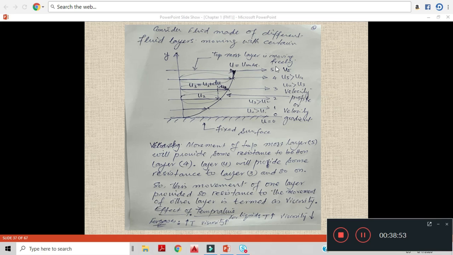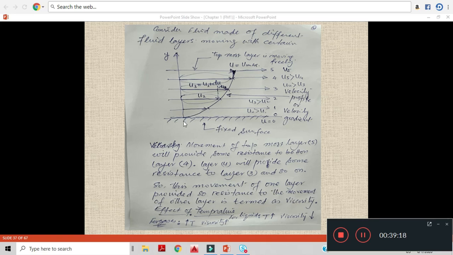Okay, so we see how the viscosity appears in the liquid and what is the reason. This is the vertical distance, or depth, or the thickness of the fluid.